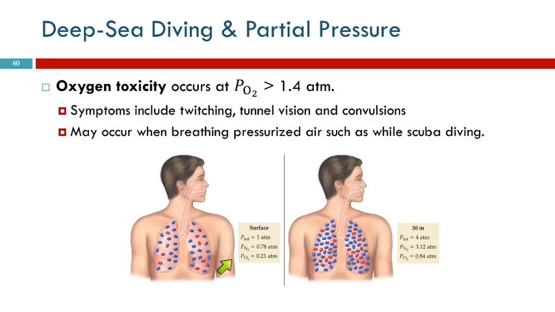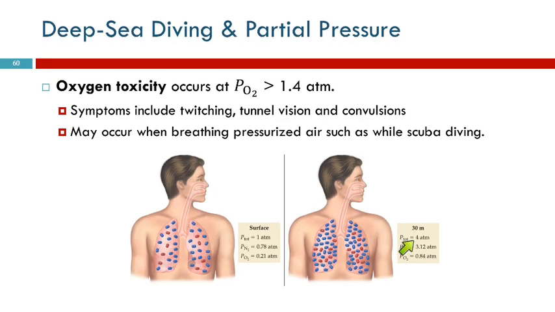At the surface, the total pressure of air is 1 atmosphere, and so you've got 0.21 atmospheres partial pressure of oxygen. Things are perfect. When you go below the surface of the water, the pressure of the water on your lungs would make it impossible for you to breathe at 1 atmosphere, so you need pressurized gas so that you can still breathe.